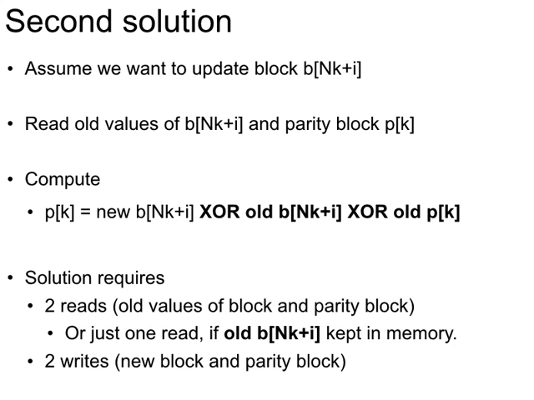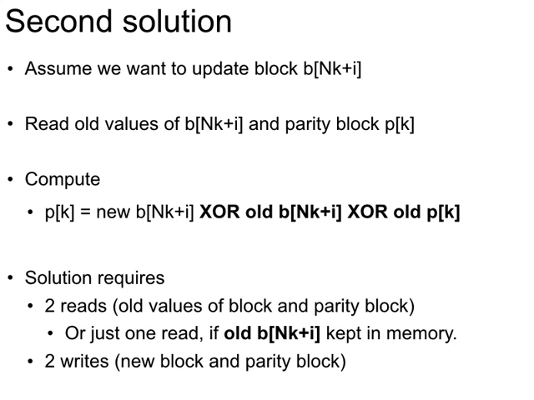So for example, if you take the XOR of the old value of the data block that's being written and the old value of the parity, then that together gives you the XOR of the data values in the remaining blocks. That can be XORed with the new value of the data block to give you the new parity information.